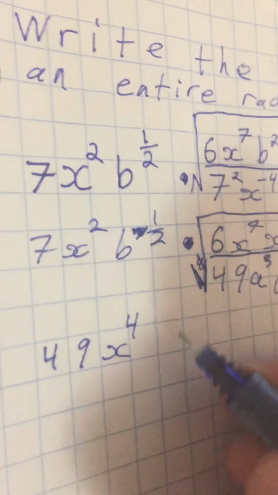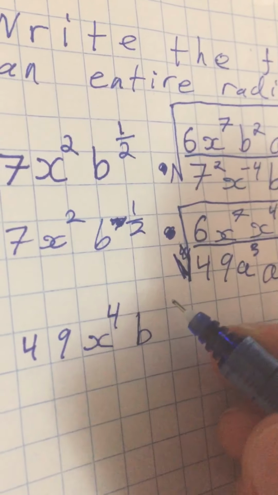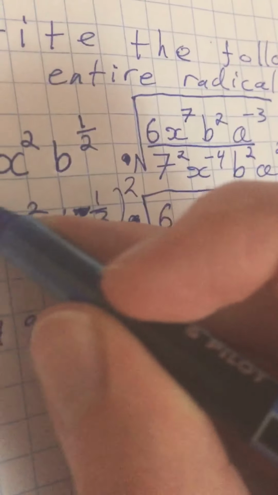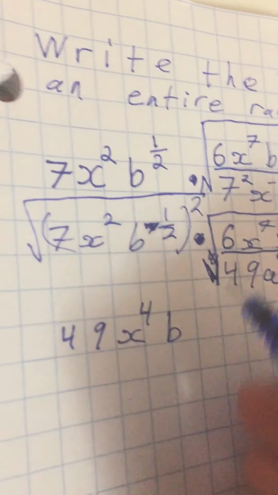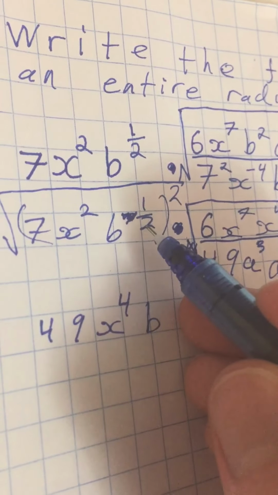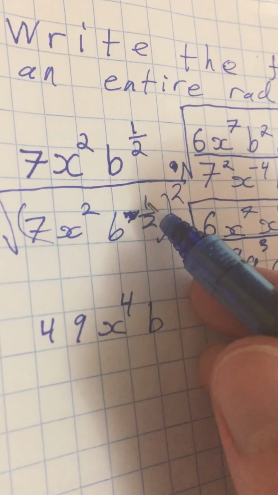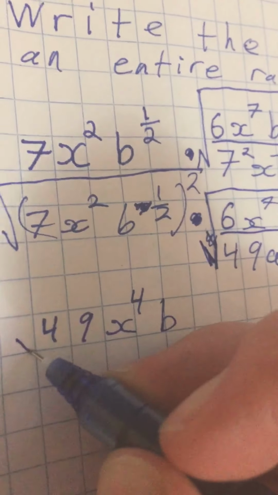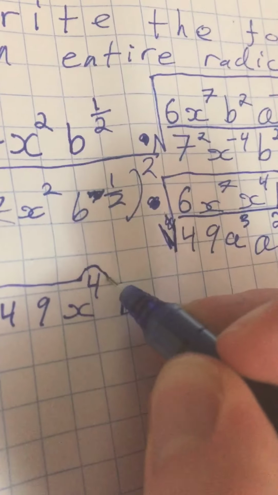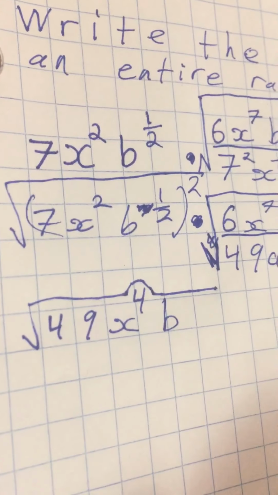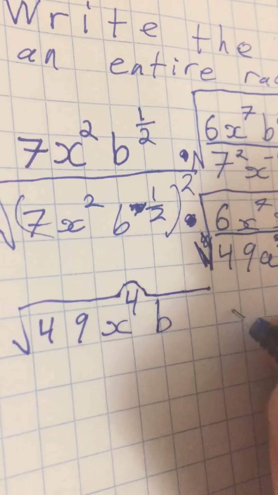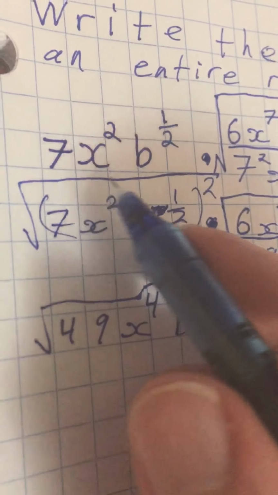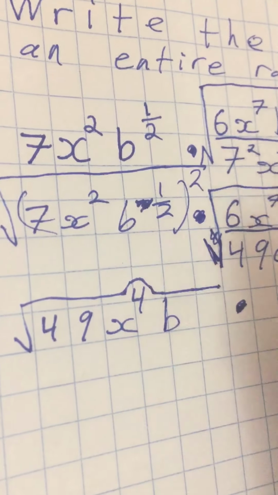And then b to the 1/2, 2 times 1 over 2, well, that's just equal to 1. I don't even need to write the 1 there. But what I do need to write in is this slightly bumpy square root sign. The bump doesn't mean anything, it's an accident. And this is equal to 7x squared b to the 1/2.